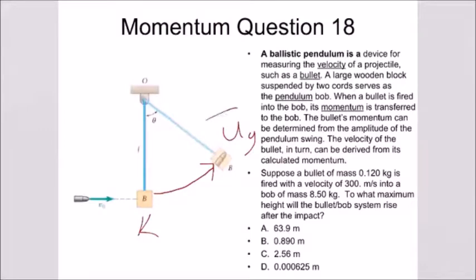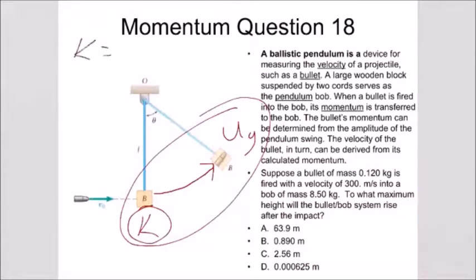We're going to assume that from that point on, all of the kinetic energy that's left is converted to gravitational potential energy. So first of all, we need to know how much kinetic energy was there at that point. And we'll calculate that using K equals 1/2 mass, so this is the mass of our bullet bob system, 8.62 kilograms, times the velocity that we just calculated squared.